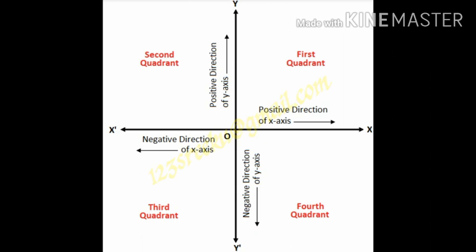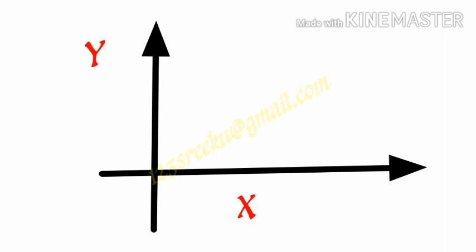The sign convention in the case of the spherical mirror is very similar to the graphical system. While drawing a graph, we consider the x-axis and y-axis, and the point of intersection of these axes is considered the origin.